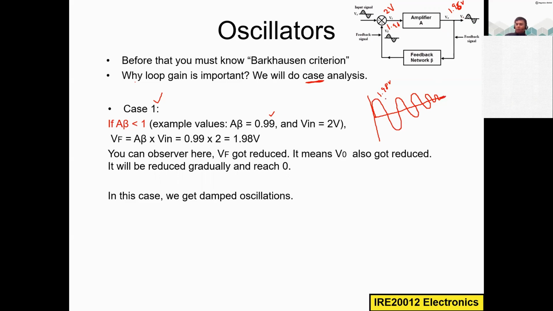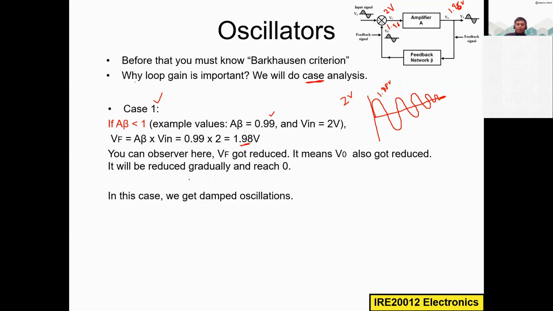This is not what we want, because we are applying 2 volt at the input. But if this A beta value is less than 1, then the oscillation will die slowly. You can observe here that VF got reduced, which means VO also got reduced.